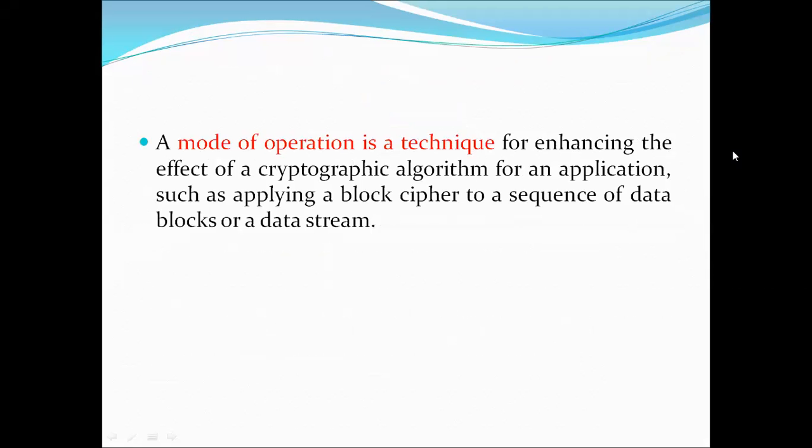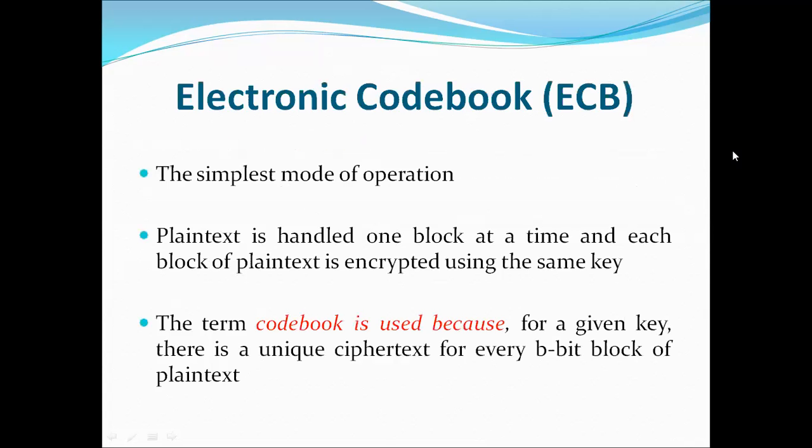A mode of operation is typically a technique for enhancing or improving the effect of a cryptographic algorithm for an application, such as applying a block cipher to a sequence of data blocks or a data stream. The first type of mode of operation is electronic codebook, which is the simplest among the 5 different modes of operation.